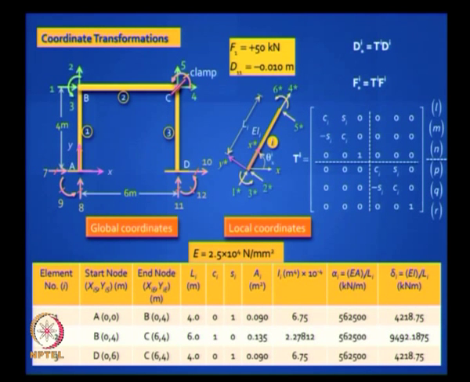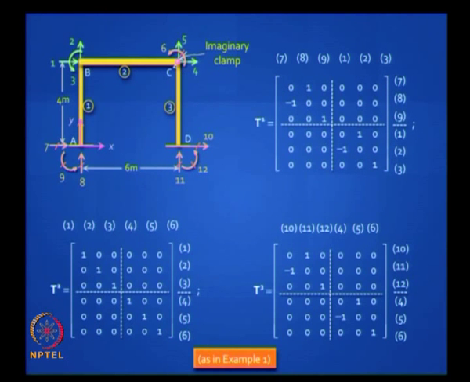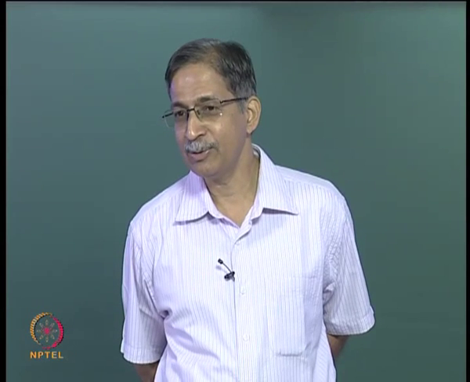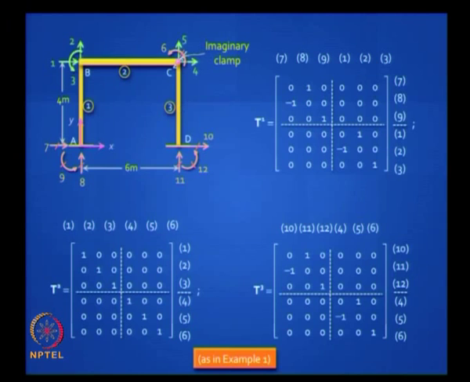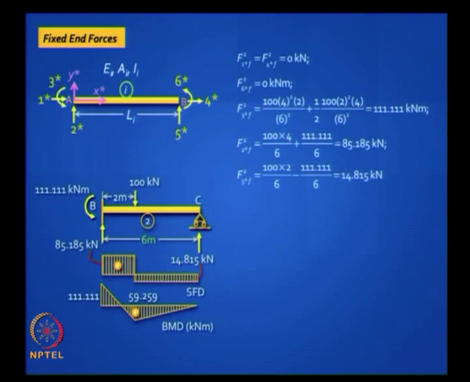So how do we deal with this problem with the internal hinge? What are the changes? Do we need to make any changes for the transformation matrices? Absolutely no change, because it matters little whether the global coordinate is active or restrained. So the T1, T2, T3 are what we got earlier. Do we need to change the fixed end forces?